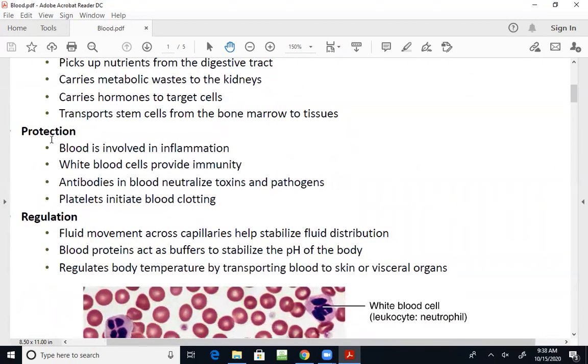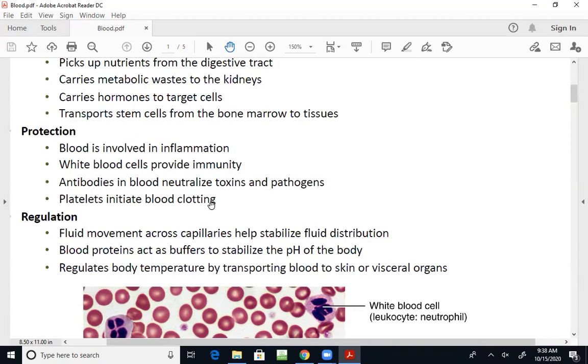Our blood provides us with various forms of protection. It's involved in a process called inflammation. Our white blood cells provide immunity. We'll talk about the 5 different white blood cells and what specifically they do for us. Our antibodies produced by white blood cells help neutralize toxins and pathogens. Pathogens is just a fancy word for disease-causing agents.